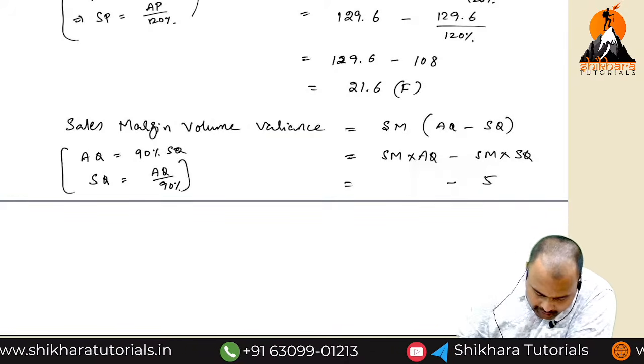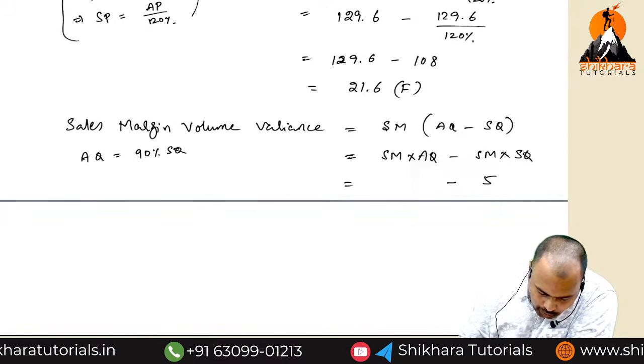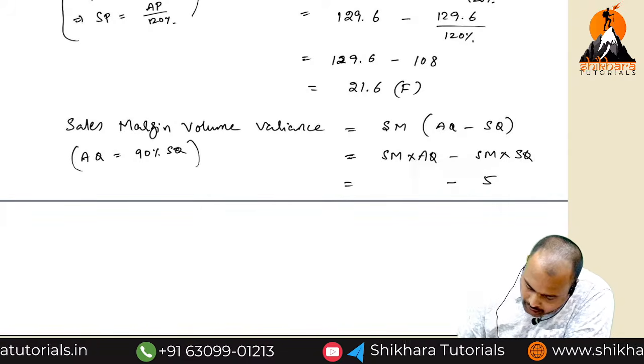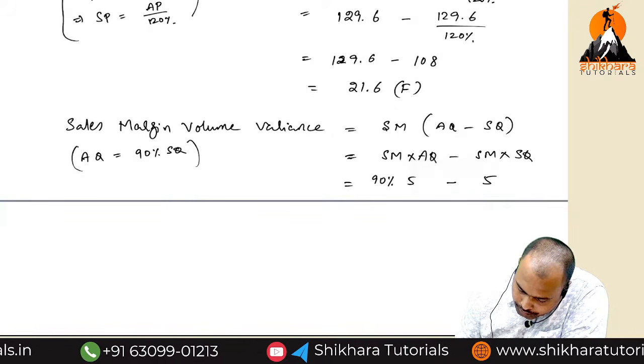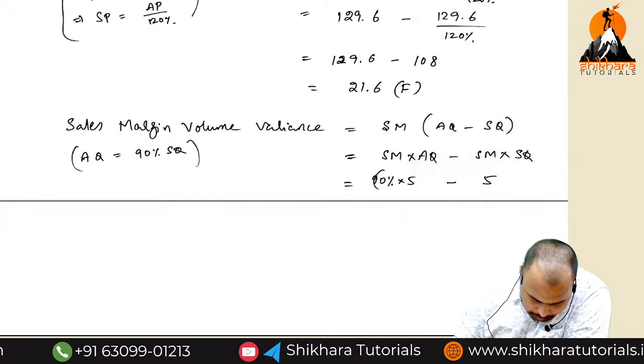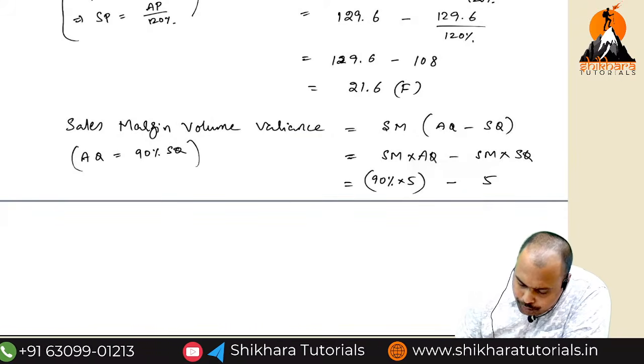Clear? Okay, this is not required for us because anyhow I have standard quantity into standard margin. Now this has to be 90% of 5.